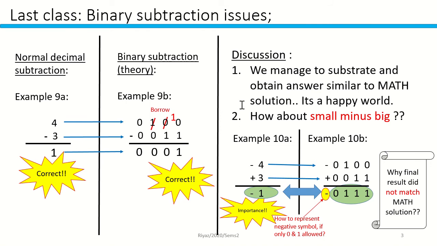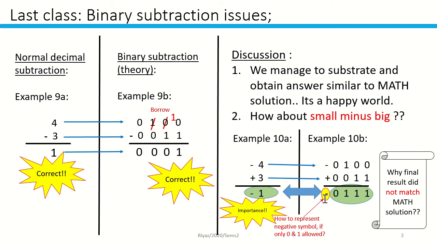But what will happen when you have a small number minus a bigger number, 3? So minus 4, which is minus 0100, plus 3, which is plus 0011, and when you do the arithmetic you get something like this, and you also have a negative sign in front.